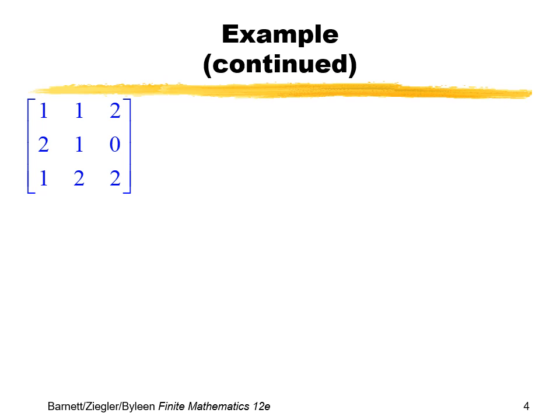We have here 9 elements. If we call this matrix A, we have A11, A12, and A13.